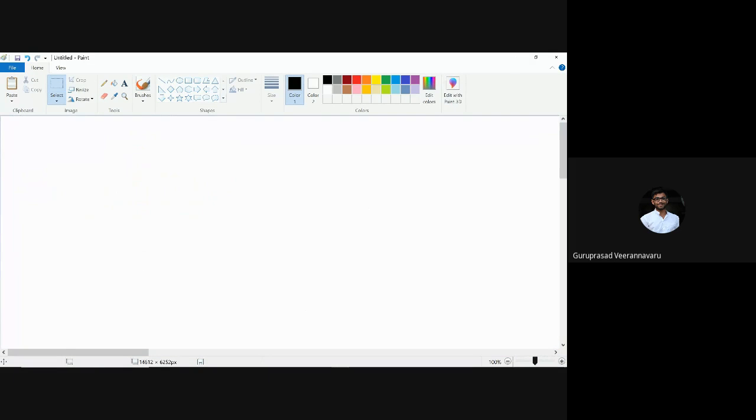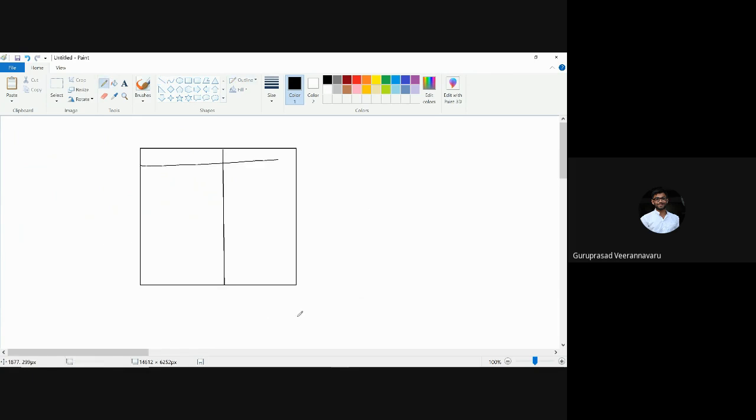So I have a table. Let's say we have a name and 4 numbers.